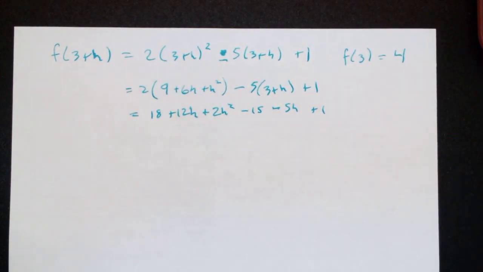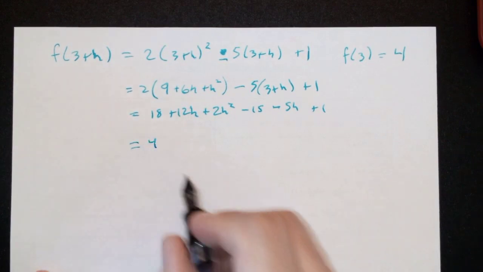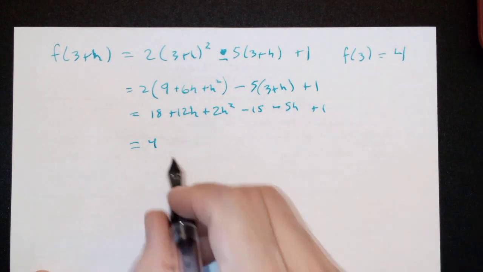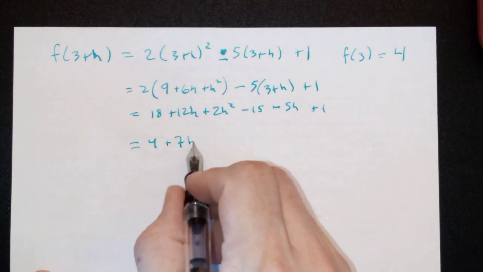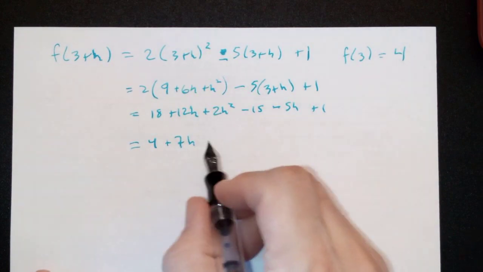18 minus 15 plus 1 is 4. 12h minus 5h is 7h, and 2h squared.